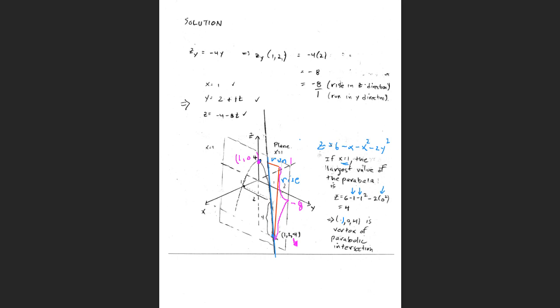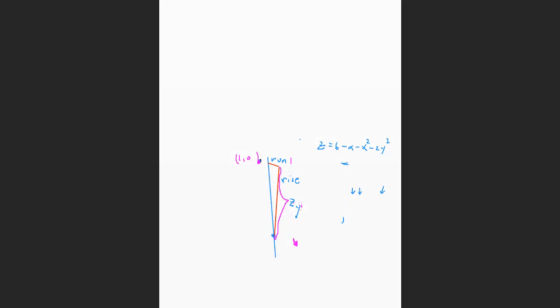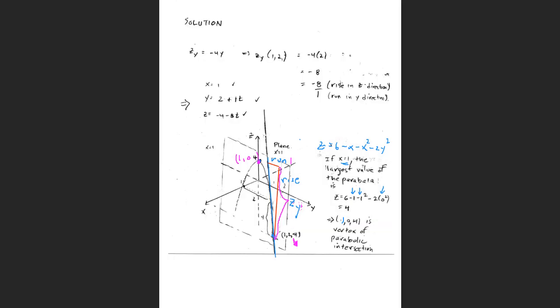Okay, so we think this might be -8, but this rise is the partial derivative of z with respect to, hold on here, one moment.